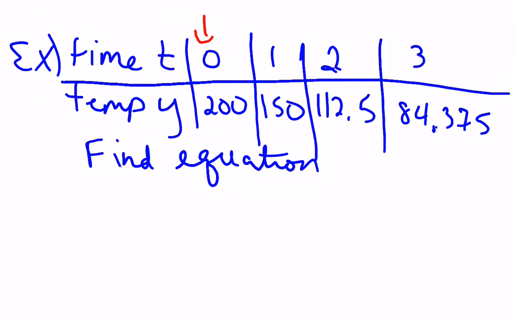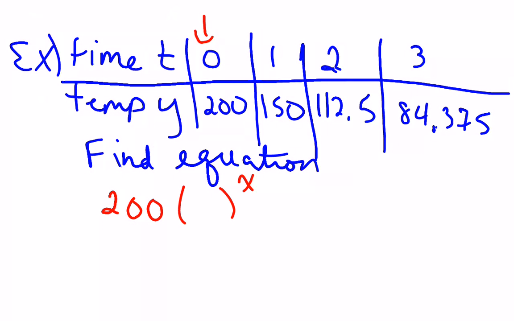We've got to remember exponential means that the exponent itself is the x. So with that in mind, they did anything to the 0 power is 1, but they got 200. So now we know that we have 200 times something to the x power is our equation.